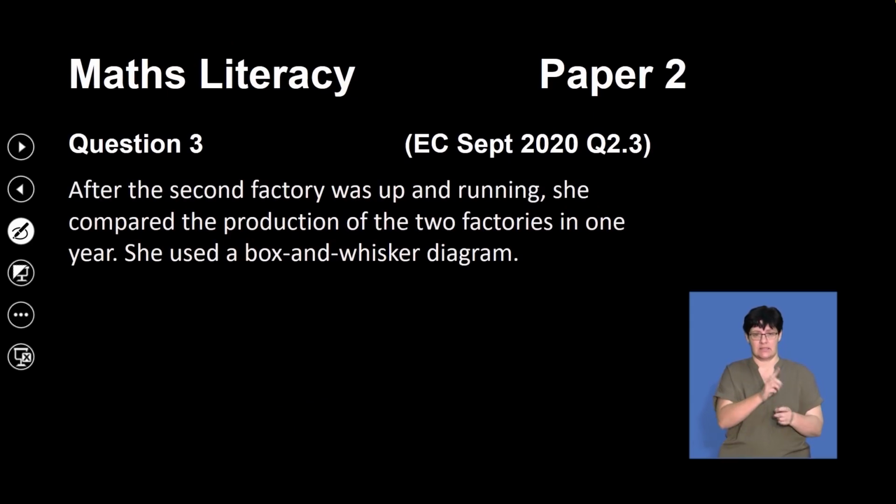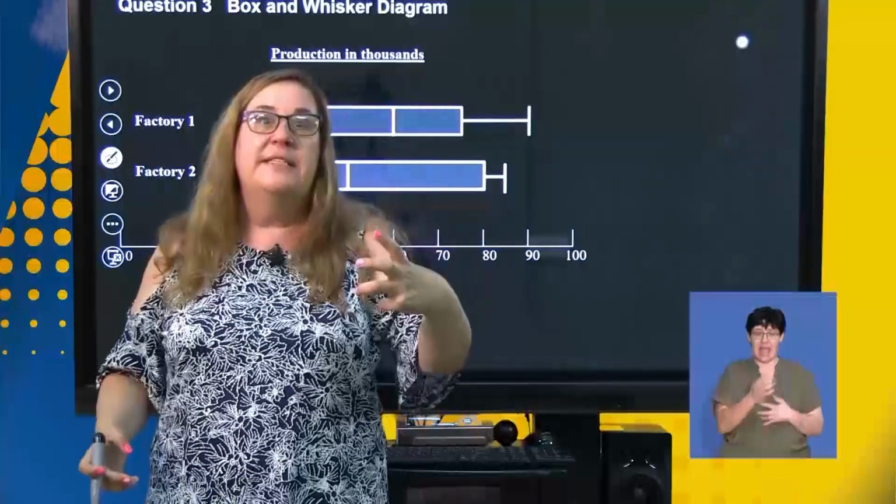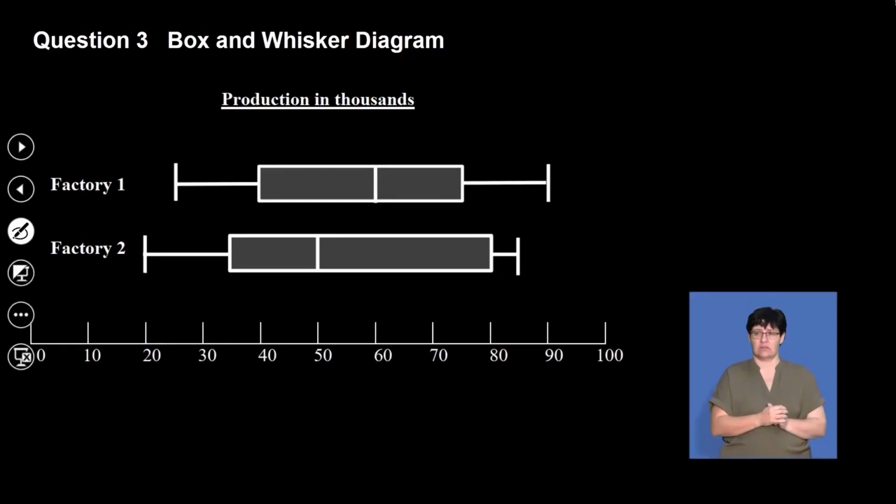Right, let's see what our next part of our question is. After a second factory was set up and running, she compared the production of the 2 factories in 1 year. She used a box and whisker diagram. So when we look at our information, I've said to you before, anytime you have a diagram, you need to analyze the diagram first. So this is our box and whisker diagram, and the production is in thousands.